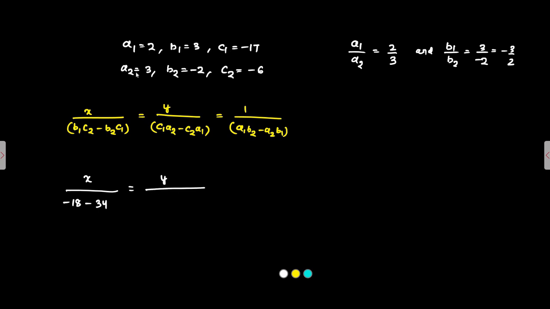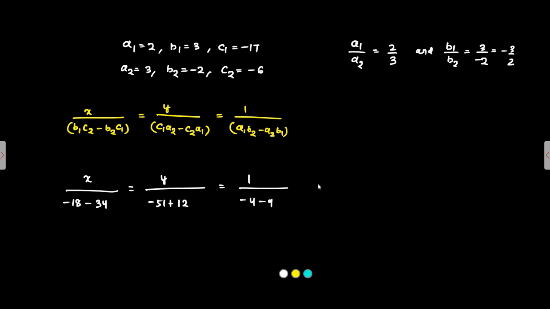So c1 a2, minus 17 into 3, which is equal to minus 51, minus c2 a1, minus 6 into 2, so minus 12, minus minus 12, so it will be plus 12, minus 51 plus 12. Then that is equal to 1 by a1 b2 minus a2 b1. a1 b2, 2 into minus 2 is minus 4, minus a2 b1, minus 9.